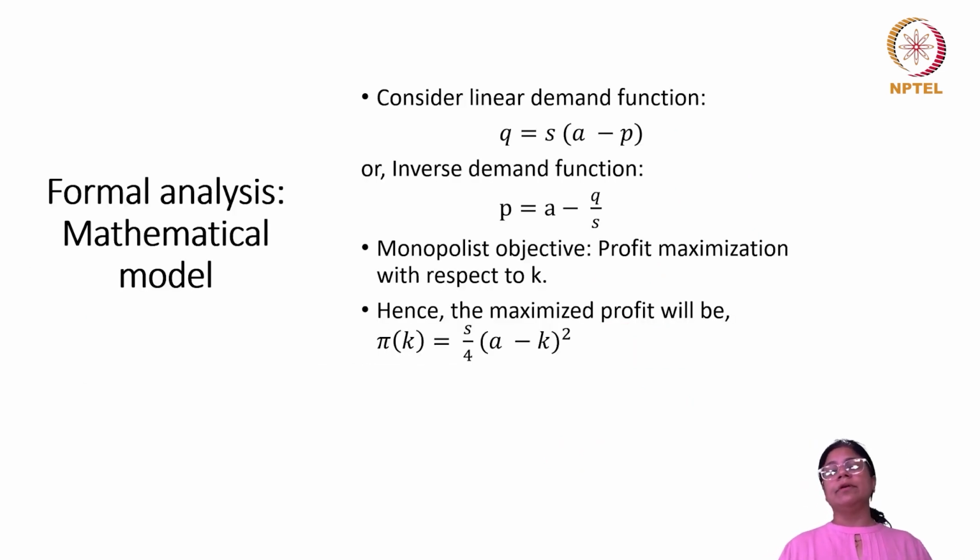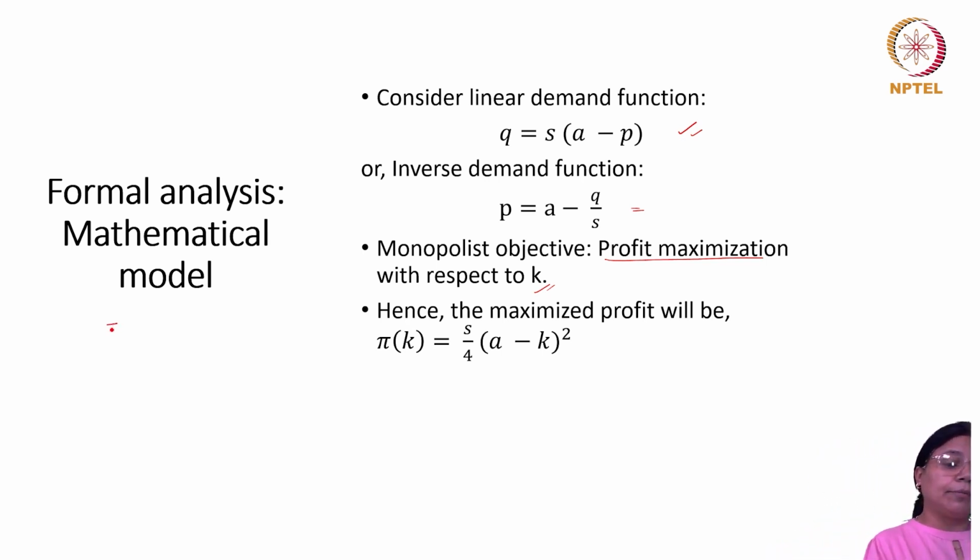So here we have considered a linear demand function. S is for the market size. We get an inverse demand function from here where P is written equal to A minus Q by S. If we look at the objective that any monopolist would have, that is profit maximization with respect to K, which will be your marginal cost of production. So what will a monopolist do?